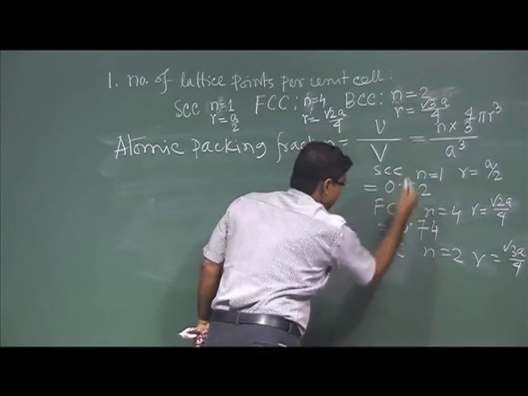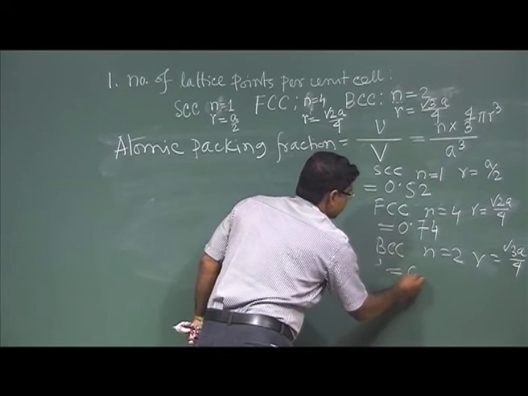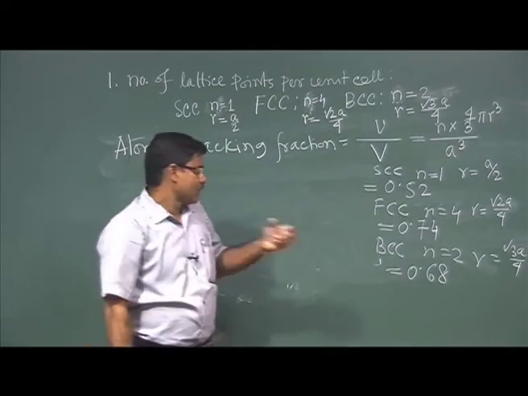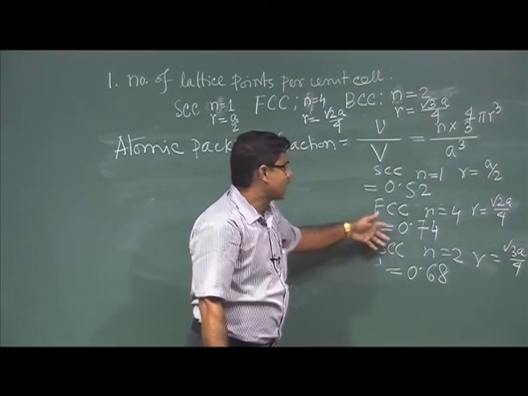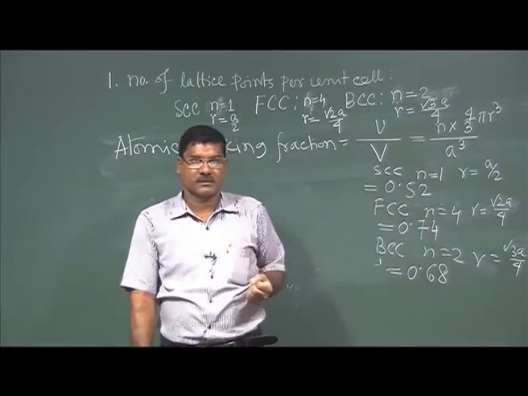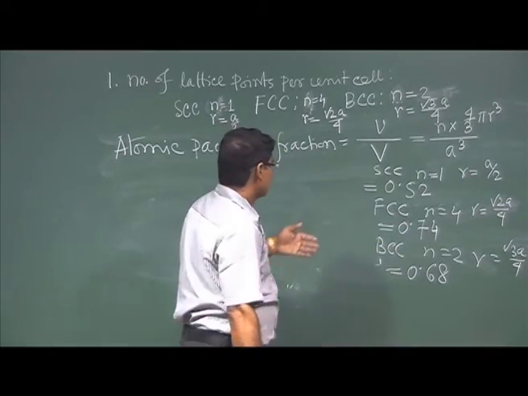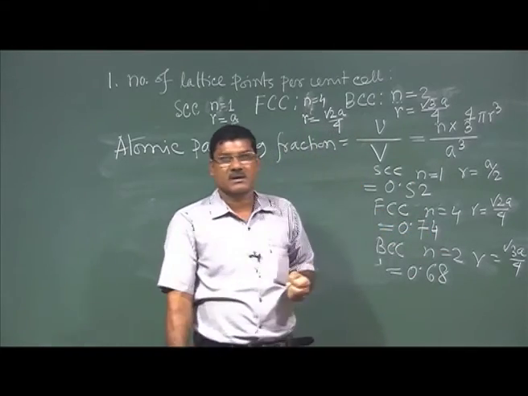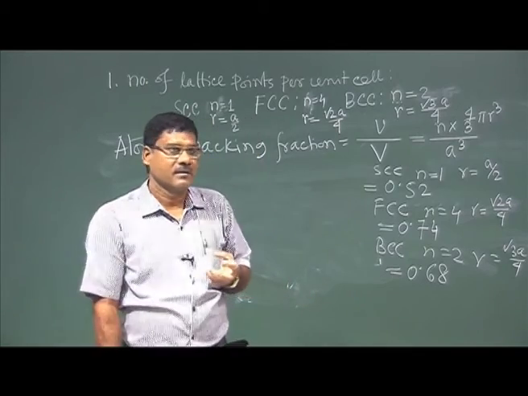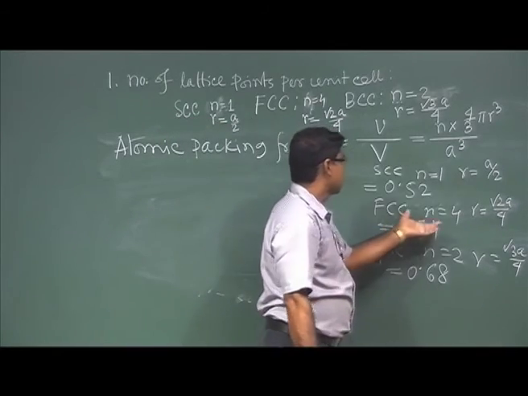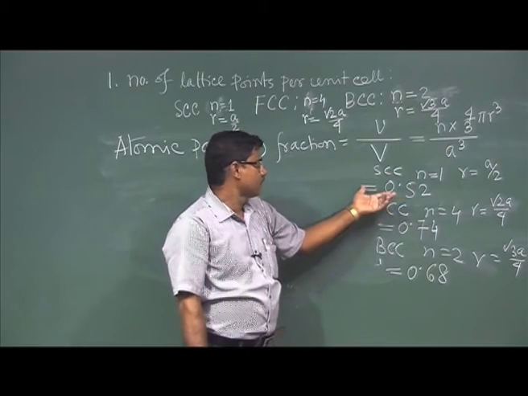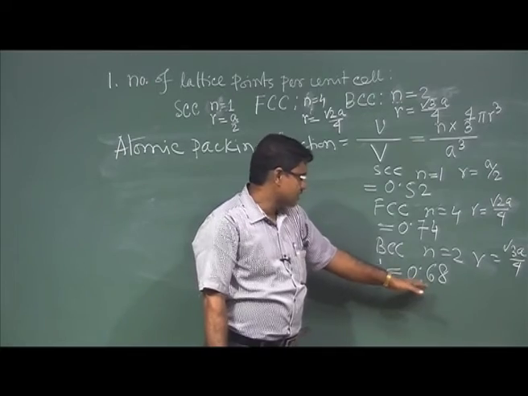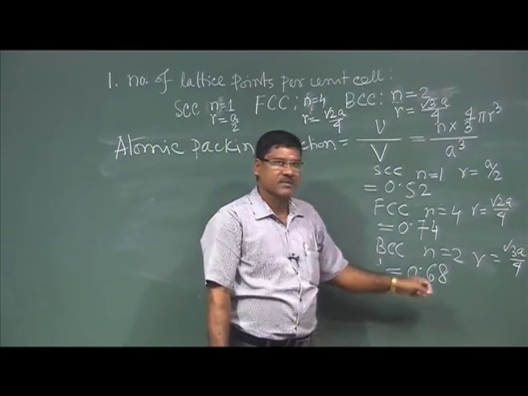If you put that in, you will get 0.68. So from this packing fraction one can tell how compact the crystal is. From this data one can say that 74% of the unit cell is occupied by atoms in FCC, whereas in simple cubic it is 52%, and for BCC it is 68%.